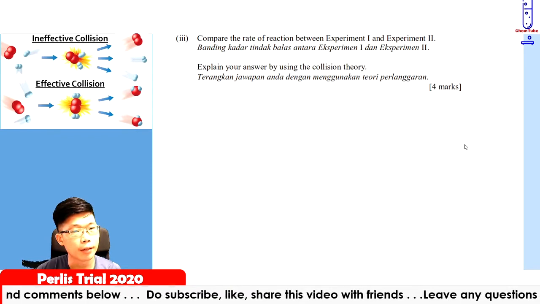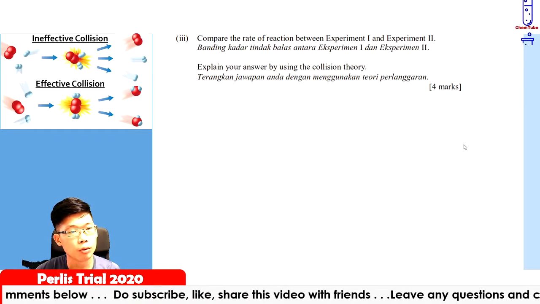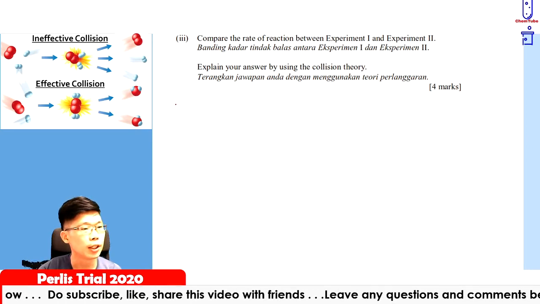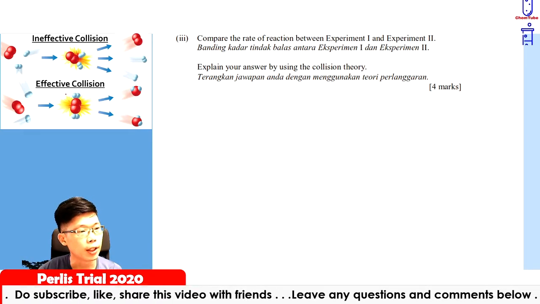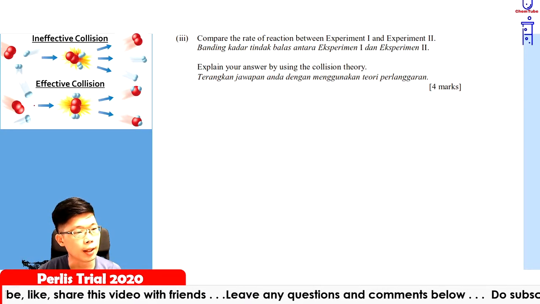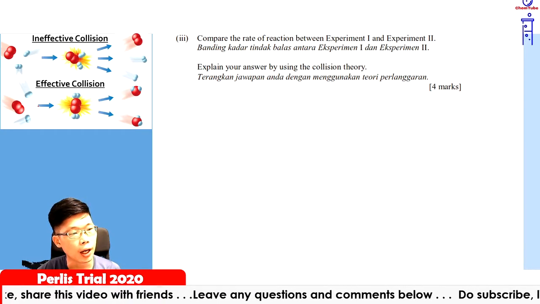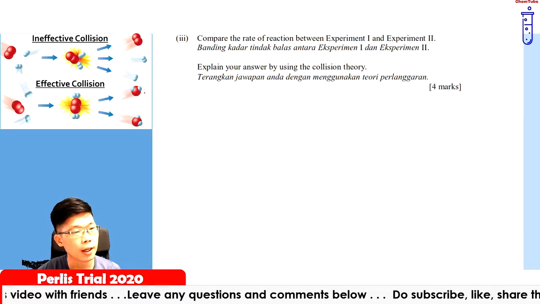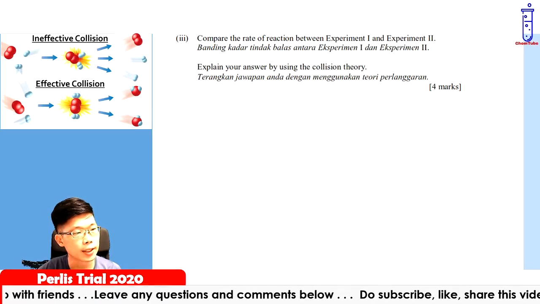Compare the rate of reaction between experiment 1 and 2. Explain your answer using the collision theory. So for collision theory, for effective collision, the particles must collide with correct orientation and achieve the activation energy, to overcome the activation energy so that they produce the products.